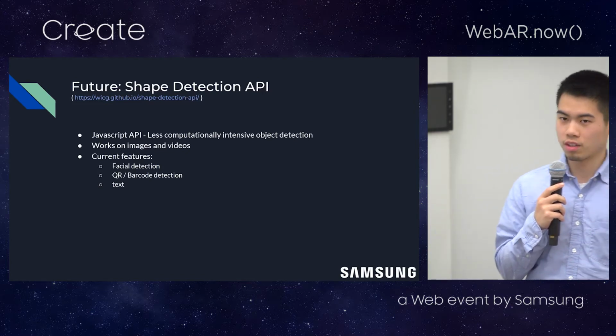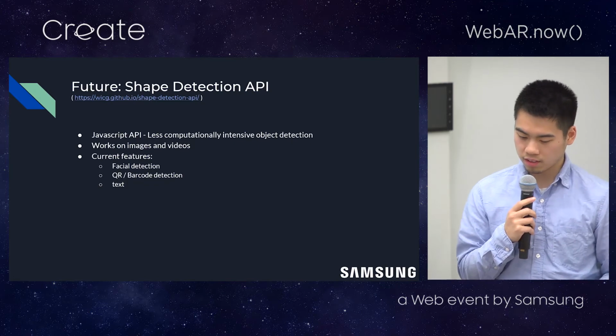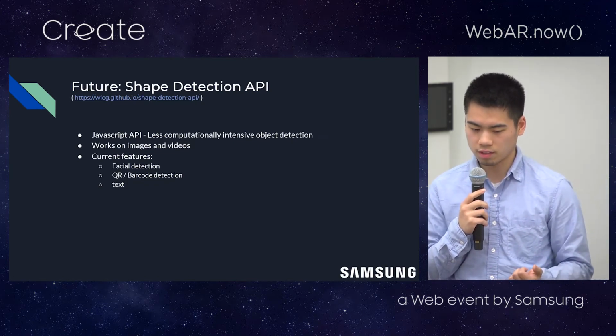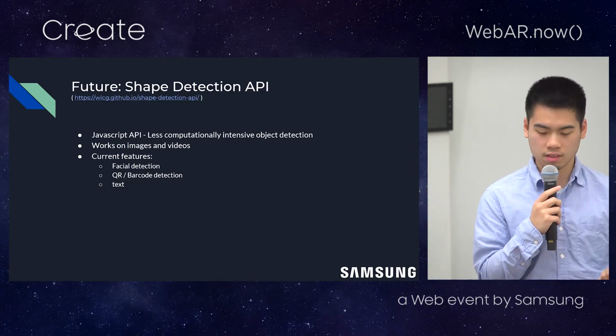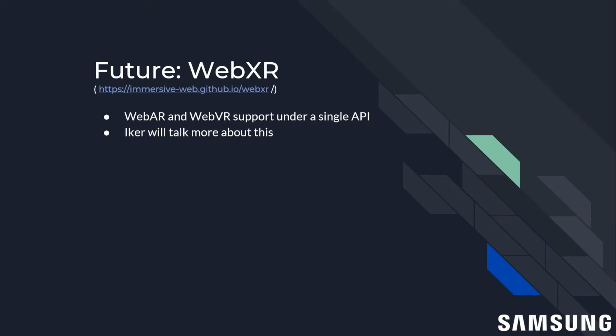And they promise to have it working on videos and images as well. I'm not sure when exactly this will be public, but I think if there's a flag to enable in Chrome settings, that will enable this feature as well. And then I'll briefly talk about WebXR. It's the standard, and Iker will talk more about it, so I'll leave this all to him.